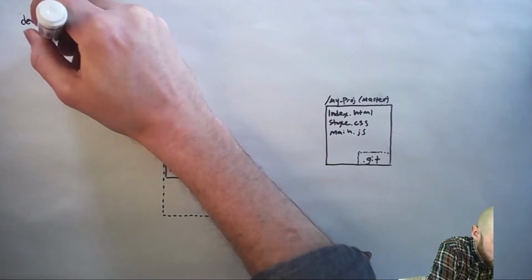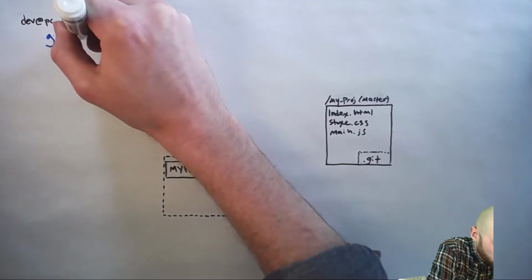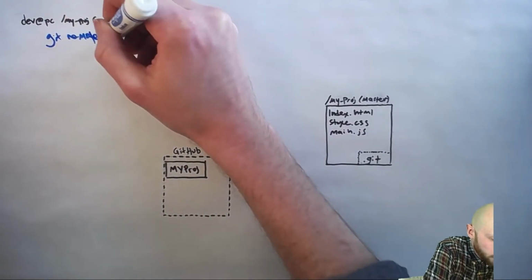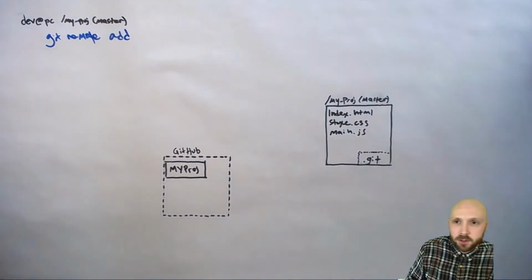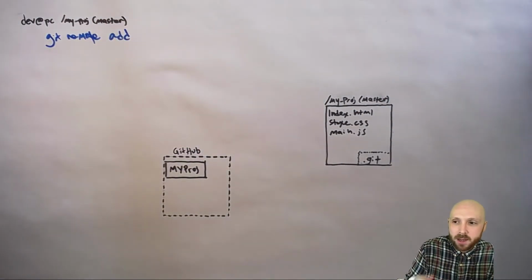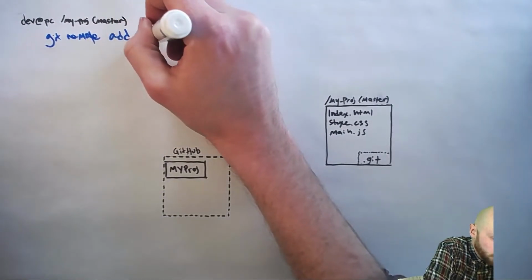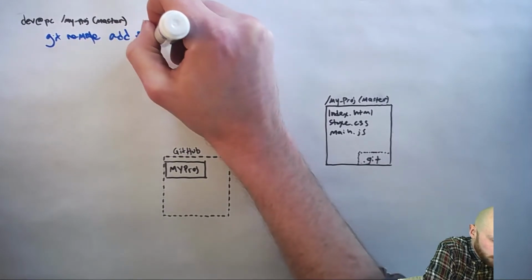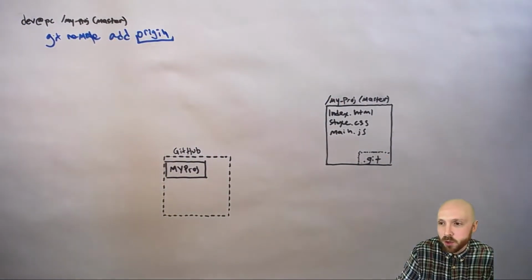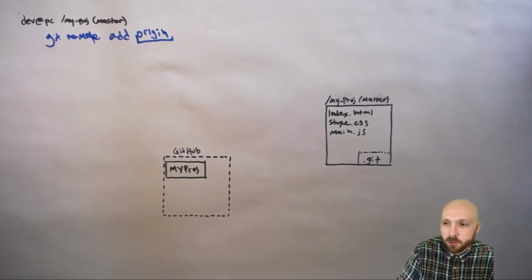So I will say git remote and then add. So git remote add, I'm going to add a remote repo, and I give this remote repo a name. You will commonly see the word origin used to refer to a remote repo, but this is just a code name.